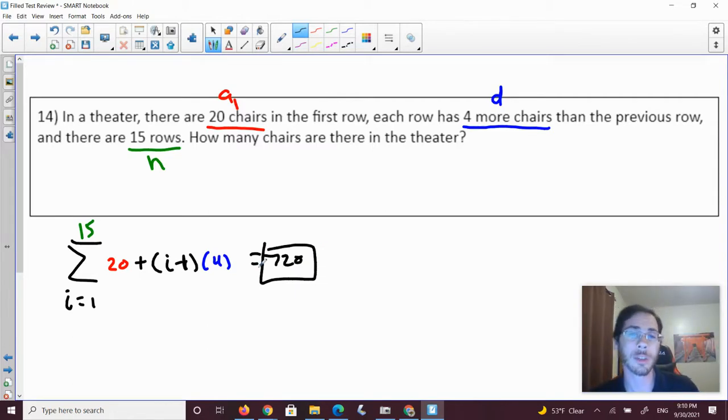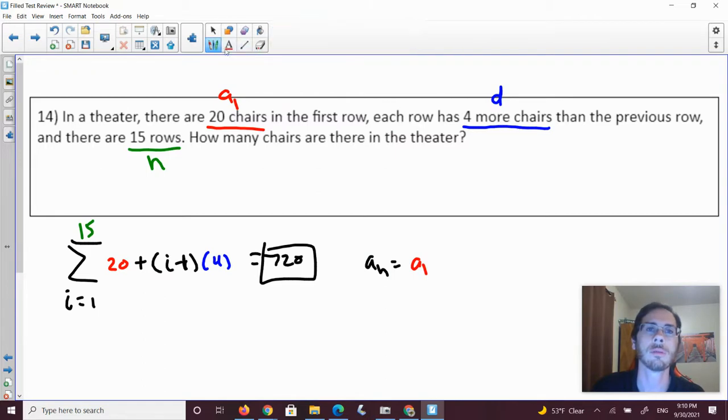Now, if you don't want to use sigma, you don't have to. Again, you're going to have to go through kind of the longer process, though. That's okay. We have to use our formula A sub n equals A sub 1 plus n minus 1 times d. Because we know some of this information, right?